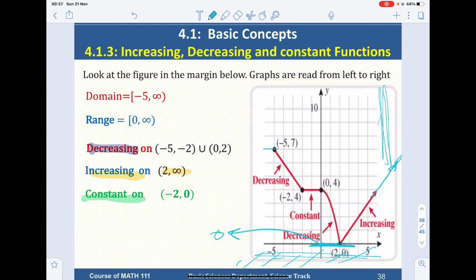Since there is no graph below, we start at 0, then the graph continues to infinity, so the values of y go to infinity. So it's from 0 to infinity.